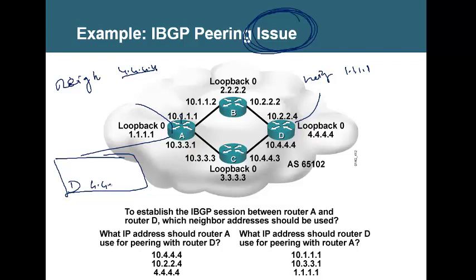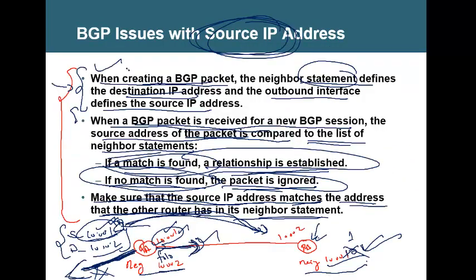Yes or no? Yes. Same way, when D creates a BGP packet, what will be the destination address? 1.1.1.1. Wonderful. Now going back to the previous page. Listen. When creating a BGP packet, the neighbor statement defines the destination, and the outbound interface is the problem here. The outbound interface defines the source. Listen.